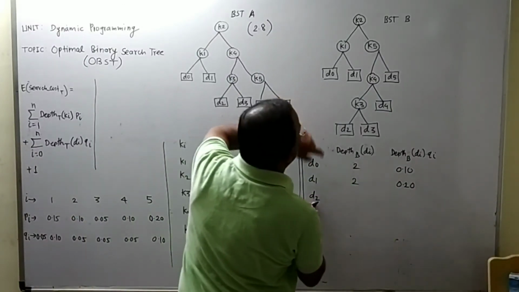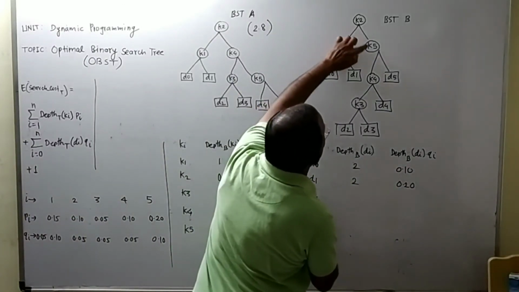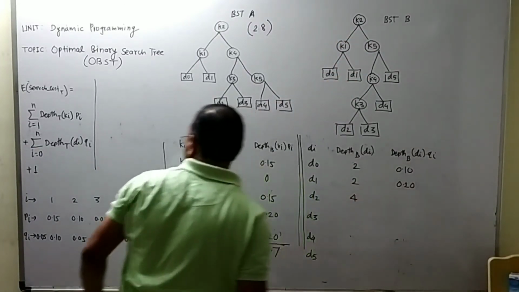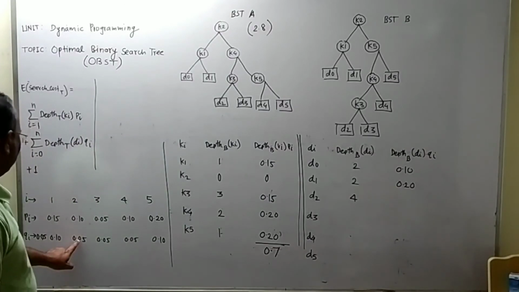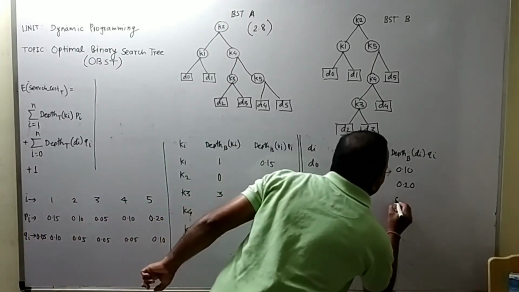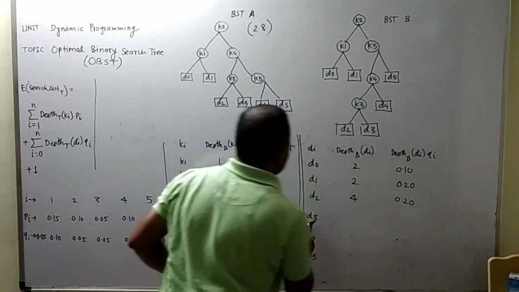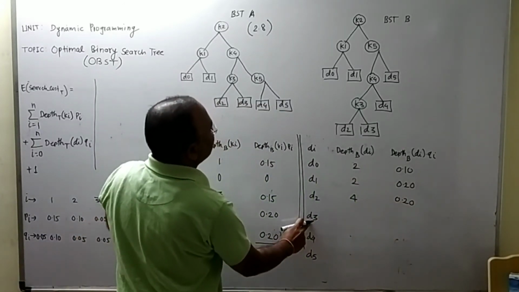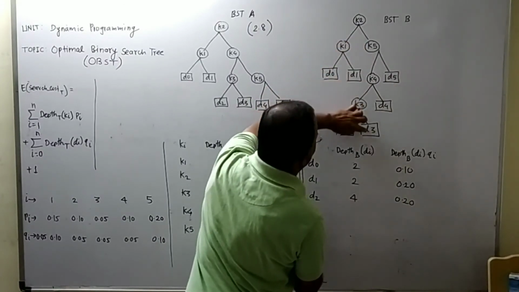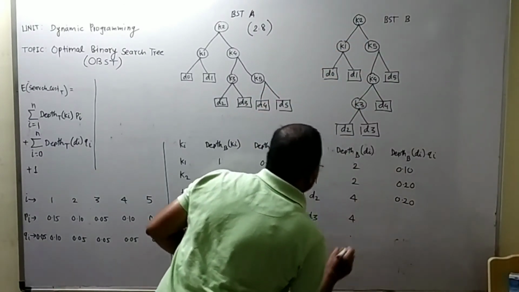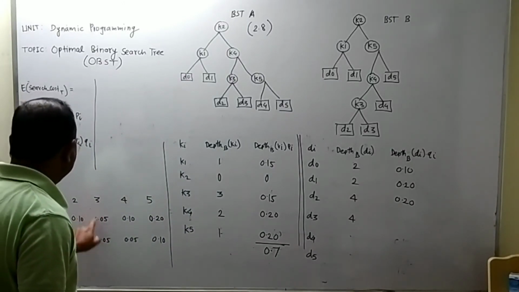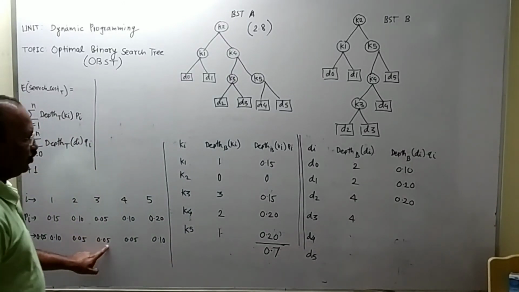Then find out the depth of D2, 0, 1, 2, 3, 4. Multiply this 4 with 0.05, that is 0.20. Then find out the depth of D3 from BST-B, 0, 1, 2, 3, 4. So multiply this with the probability of D3, that is 0.05.